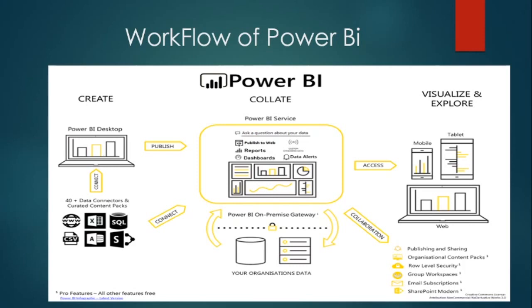Then you can create organizational content packs and row level security. Row level security means, suppose your sales is divided into three parts, and you can track your sales according to the location. Suppose you want to track your sales of India, United States and Canada, so you can just create a row level security.